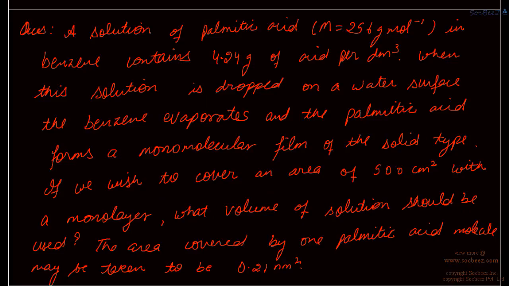When this solution is dropped on a water surface, the benzene evaporates and the palmitic acid forms a monomolecular film of the solid type. If we wish to cover an area of 500 centimeters square with a monolayer, what volume of solution should be used? The area covered by one palmitic acid molecule may be taken to be 0.21 nanometer square.